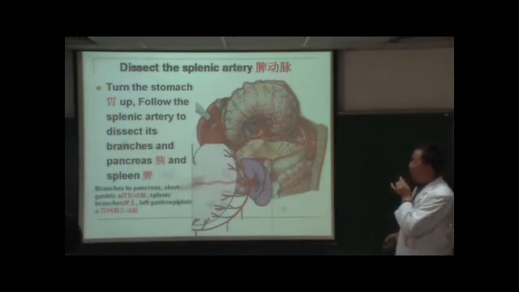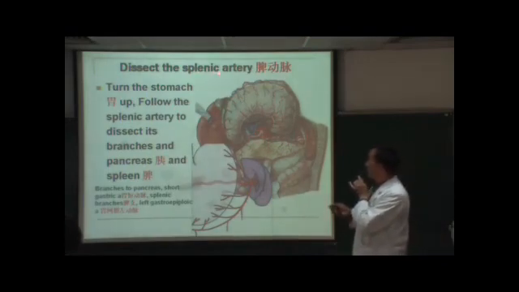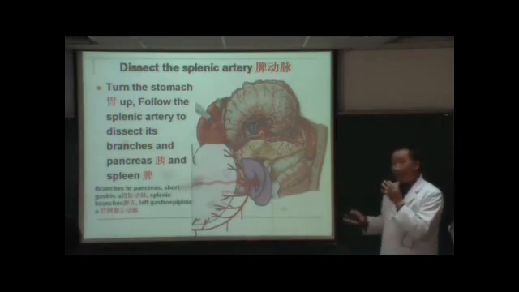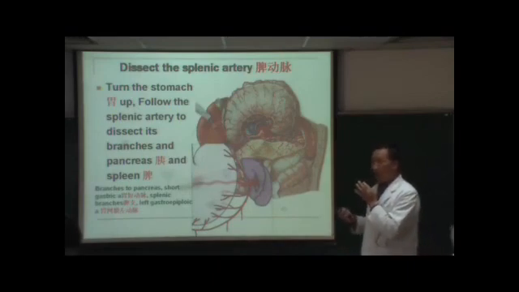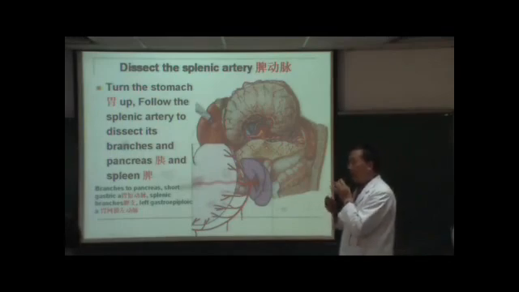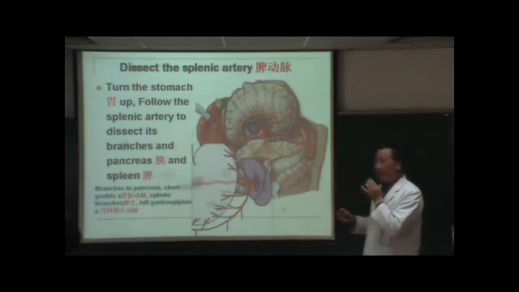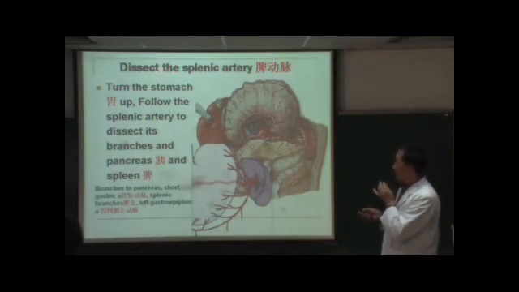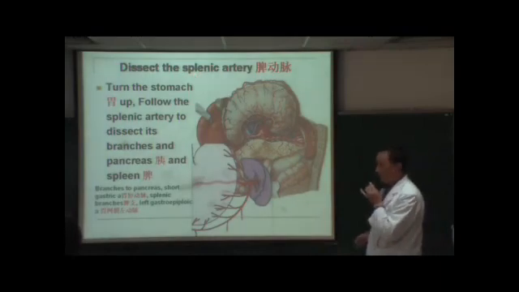Furthermore, you should dissect the splenic artery because you have already found out the three primary arteries of the celiac trunk.